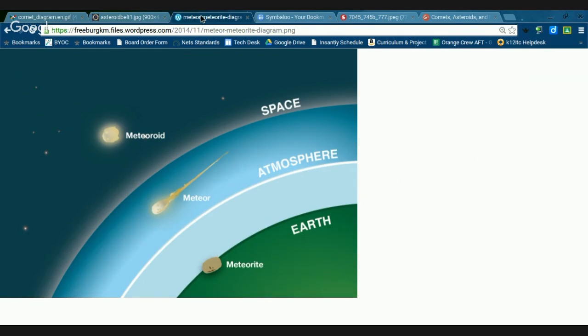The orbit, they don't always orbit the sun, but sometimes they will orbit the sun. So with this one, sometimes they have an orbit, sometimes they don't. If they were a part of a comet, sometimes the parts of the comet can detach as they're going through, and as they're sublimating, they can have pieces of the comet break off.